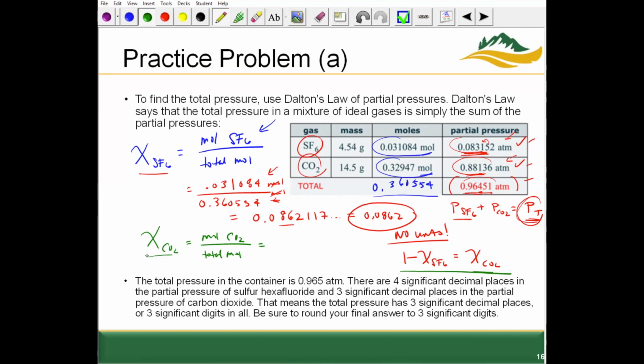We do know the mole fraction of carbon dioxide plus the mole fraction of sulfur hexafluoride has to total up to 1. So this many moles divided by the total number of moles, we get 0.91378, etc. To get this into 3 sig figs, 0.914.